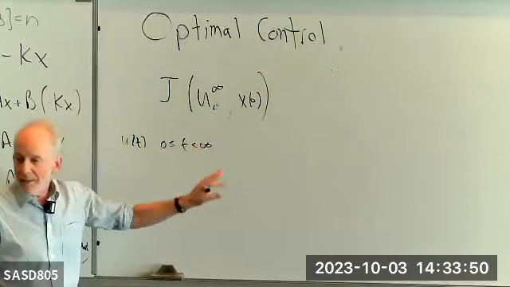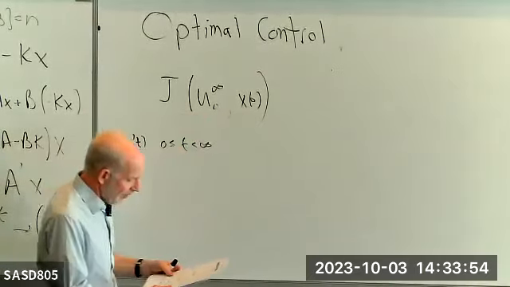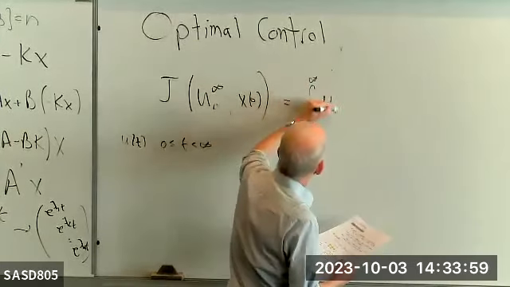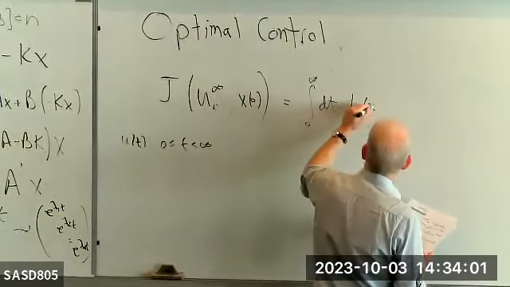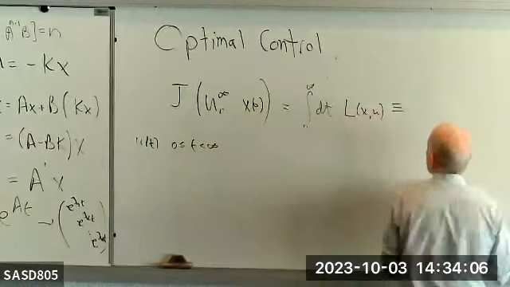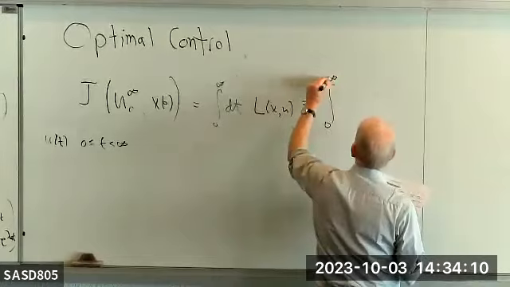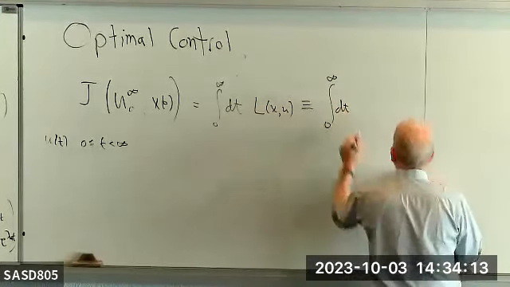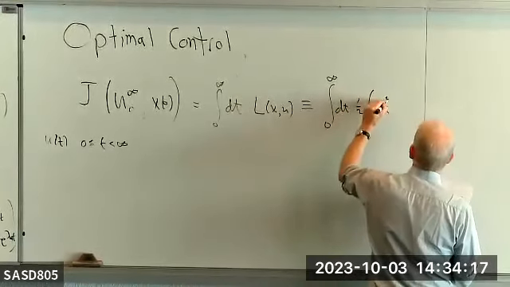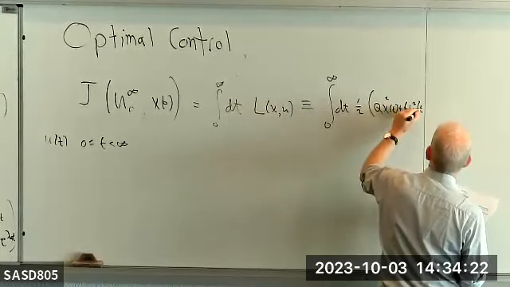In this case I'm going to do a one-dimensional example, so this is a scalar, and this is a scalar trajectory. Let's look at something of the form integral from 0 to infinity of L of x and u, and I'm going to define this function to be one half q x squared of t plus r u squared of t.